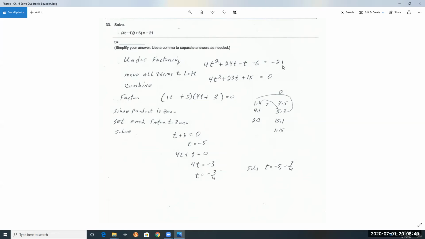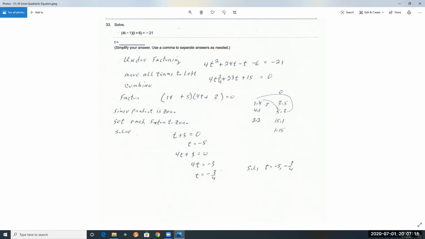The only technique we have right now, if we're quadratic, meaning the highest power is 2, is to bring all terms to the left. And when we do that, we get 4t squared. This combines to give plus 23t. When the minus 21 comes over, we get a total of plus 15, and that's equal to 0.